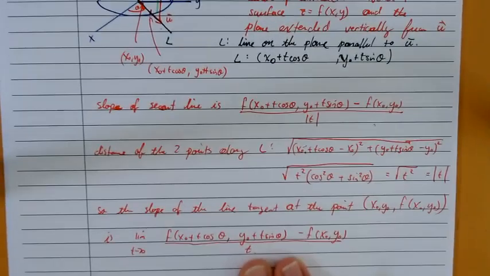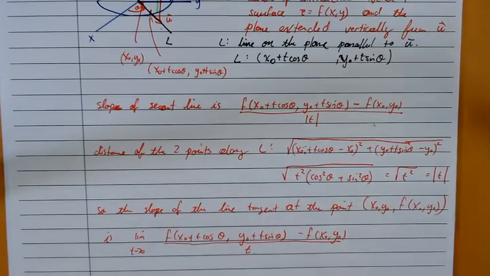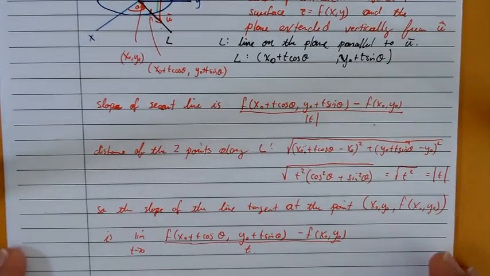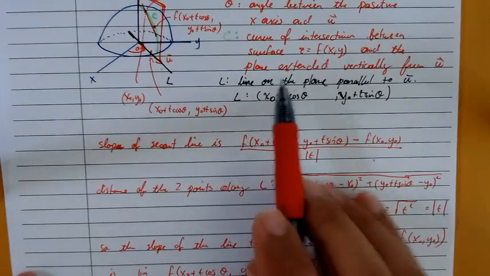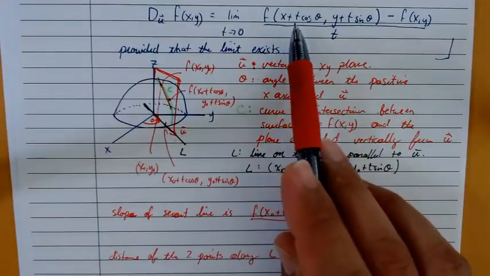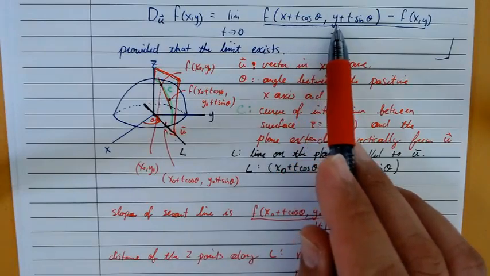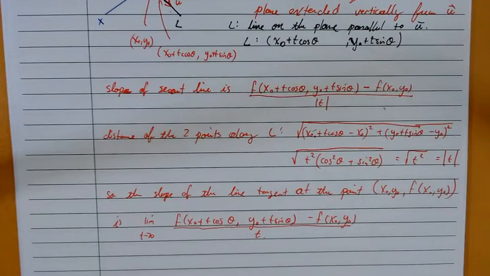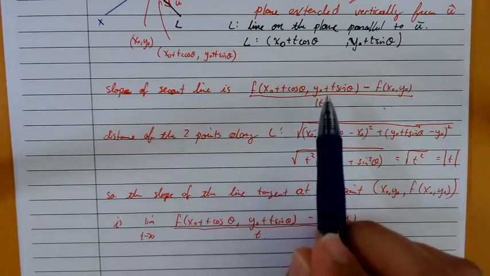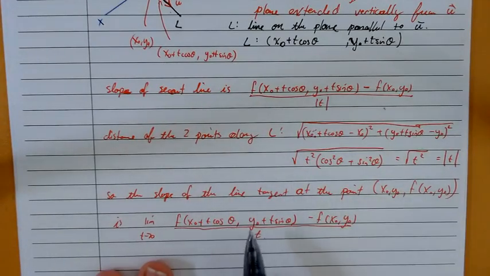So this motivates why we wish to use this definition as our definition for a directional derivative, and it also shows what all of these things mean. In particular, it shows where we get this expression from, x plus t cosine of theta and y plus t sine of theta. Here, the only difference being that we had an absolute value of t, whereas here we don't.